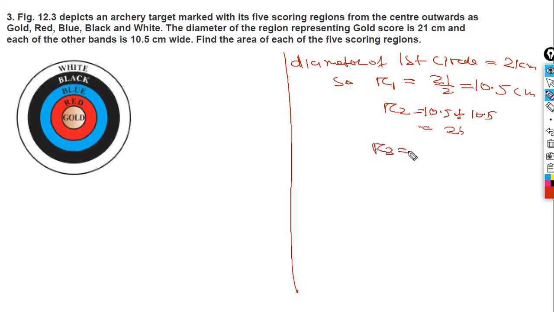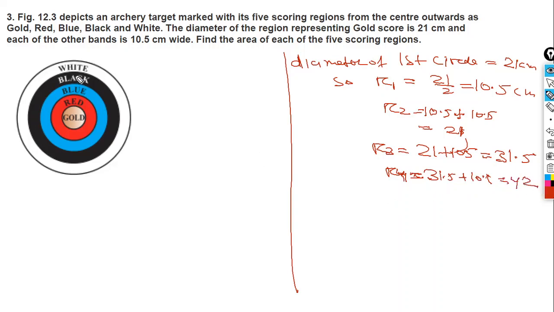R3 equals 21 plus 10.5, which is 31.5. Similarly R4, the radius of the fourth circle, is 31.5 plus 10.5, equal to 42.